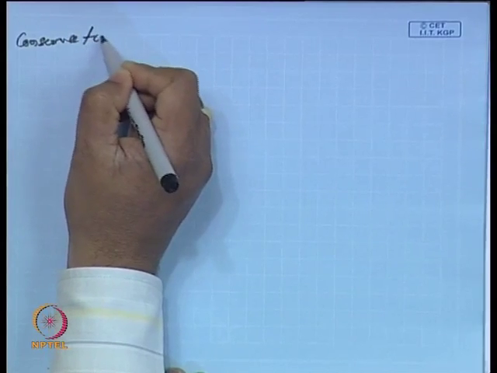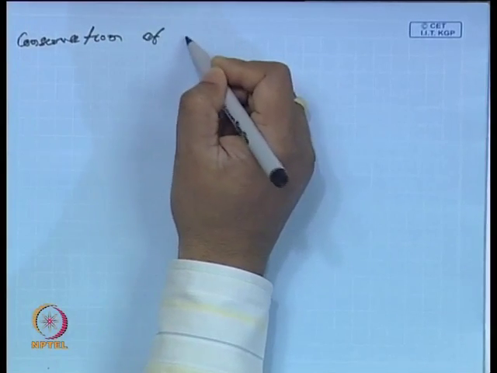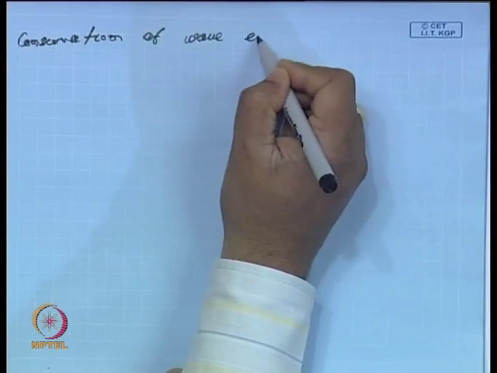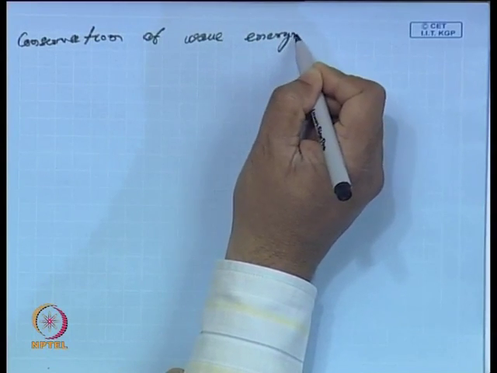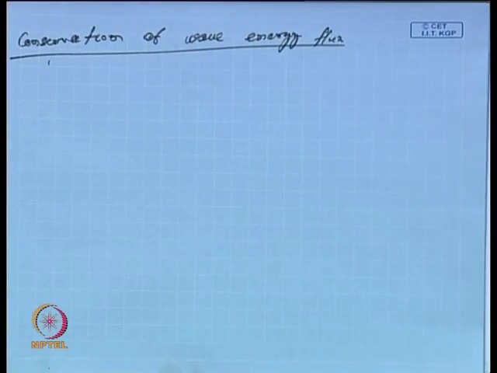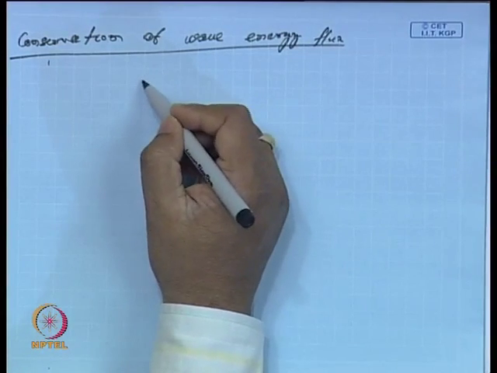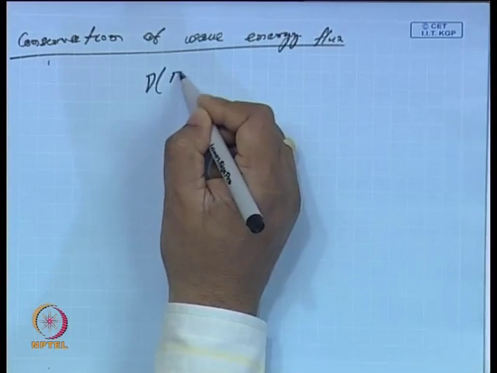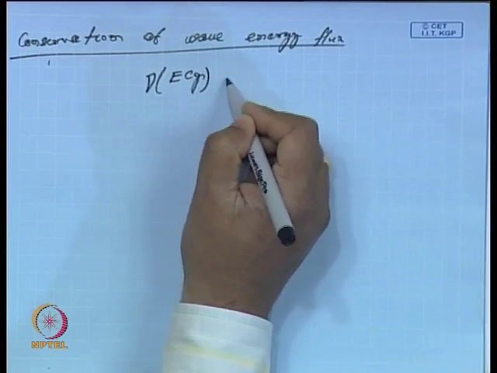What is energy flux? In fact, conservation of energy. It says that the total energy, the conservation of energy says the grad of ECG is constant, ECG is 0.